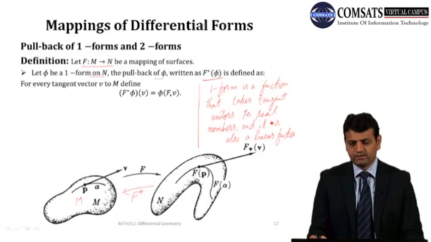So this is a very rough definition, but in general what is a one form? It takes tangent vectors as input and gives real numbers as output.